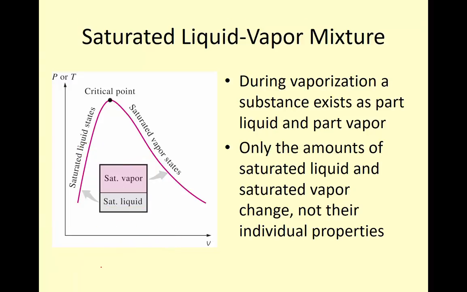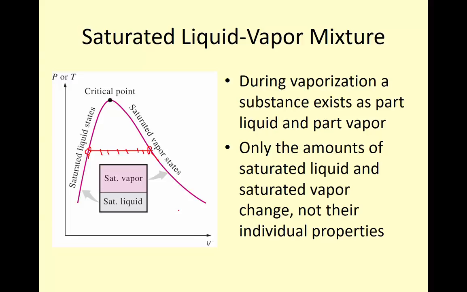I'm getting a little happy with the drawing on the slide, but you kind of get what I mean. So this process here takes us from a smaller volume to a larger volume. And at every state in between, we have an increasing amount of saturated vapor relative to the amount of liquid that we have.